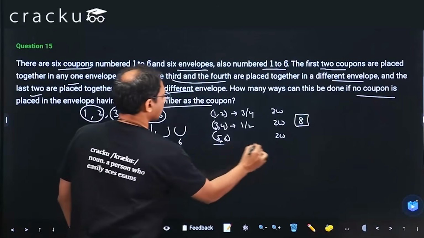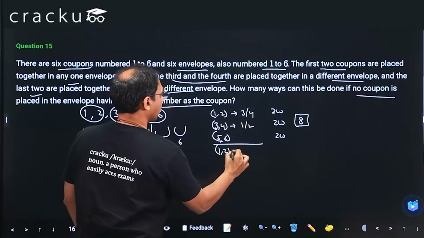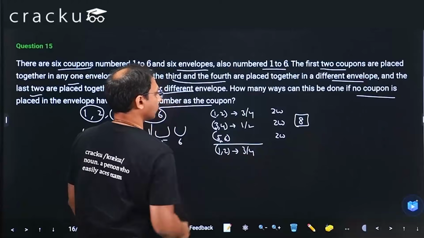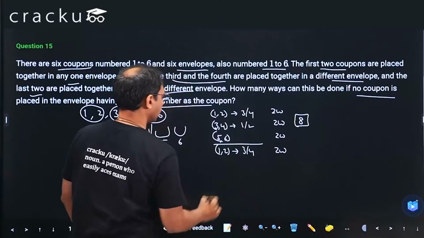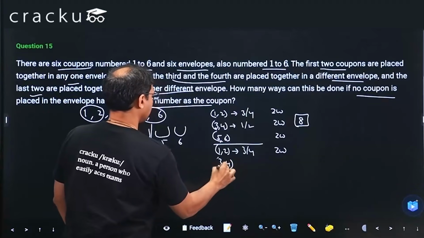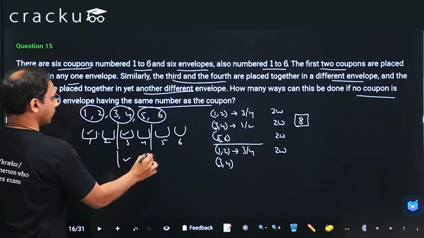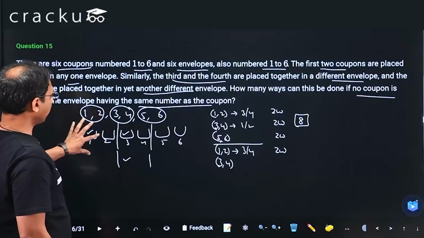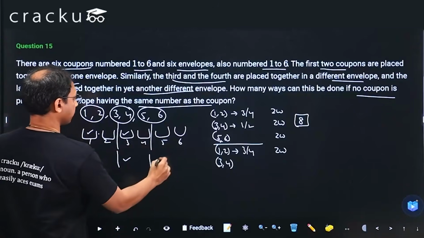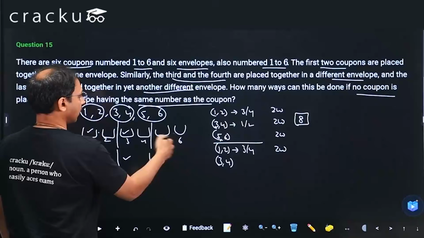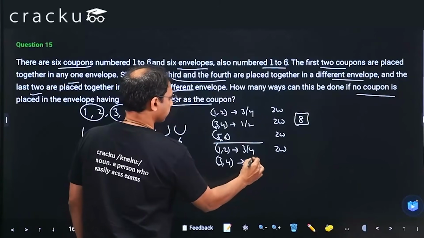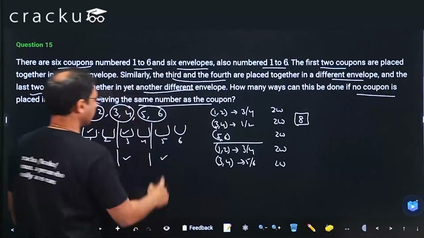Now the second case, 1 and 2, let us say they go into 3 or 4. This is again 2 ways. Now 3 or 4, let's say I'm selecting 1 and 2 is going here. 3 or 4, instead of going to 1 and 2, let's say they go to 5 and 6. You can select one of them in 2 ways. Let's say this is over.